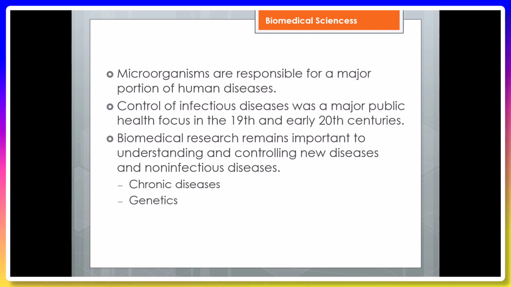So not only does biomedical research look at infectious diseases to try to determine the pathogen and what will cause the pathogen to perish, but now we're also looking at chronic diseases like heart disease, cancer, and also genetic predispositions for different diseases. So all of this falls under biomedical sciences.